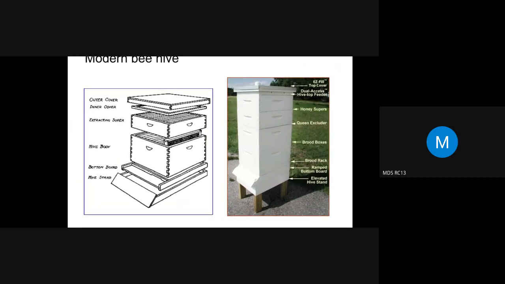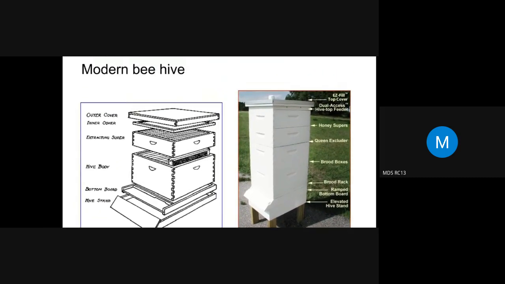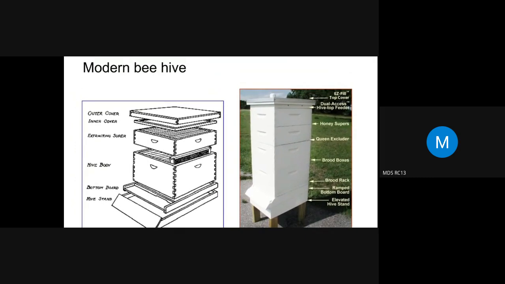You can see the same thing in this. Outer cover on the top, inner cover next to that. Next one is the super chamber, where only honey is collected. You can also call it the honey chamber. The next one is the brood chamber. It is given as a hive body in this picture.